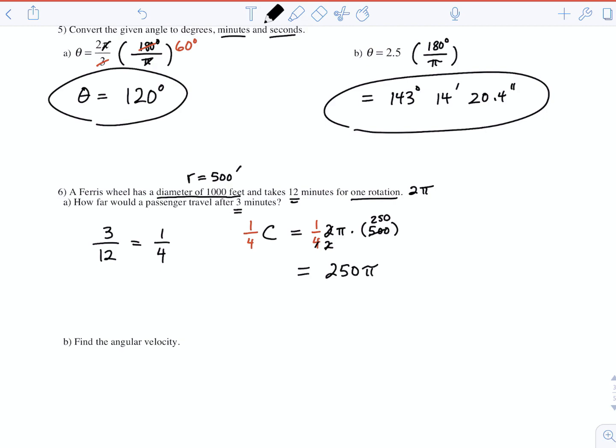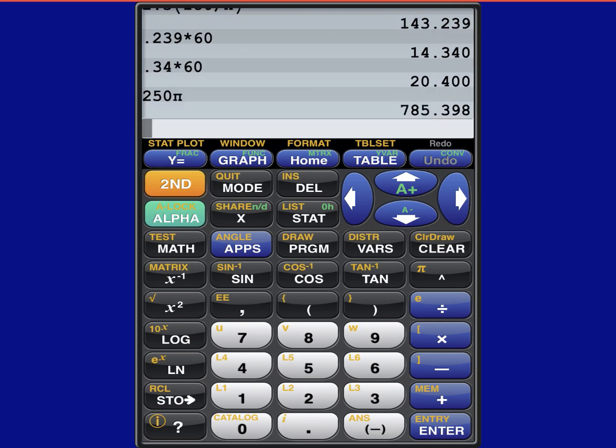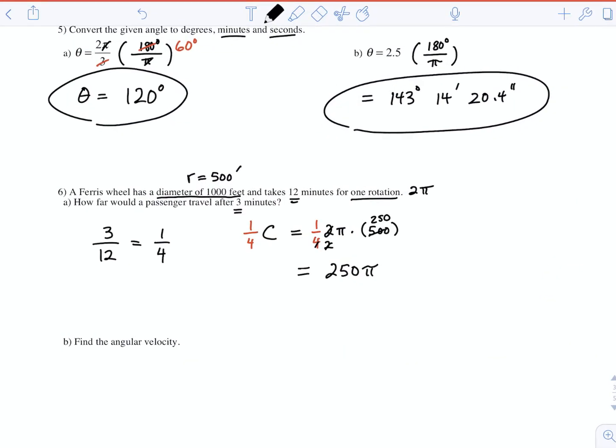So how much is that? 250 pi is 785.398, and that would be in feet.